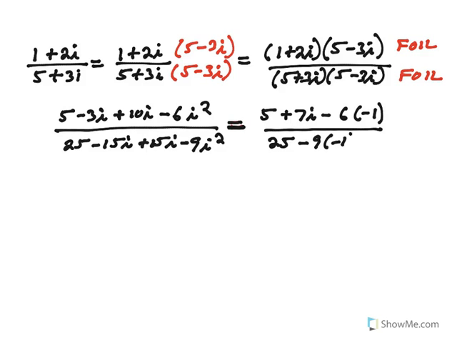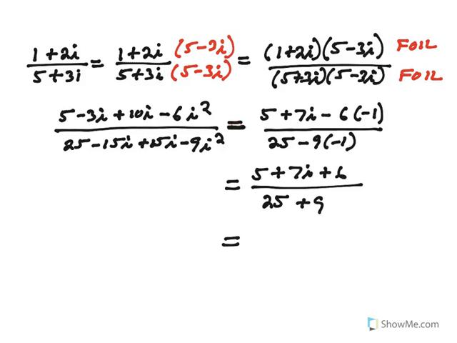And then I'm going to replace the i squared with a minus 1. So then what I should have is 5 plus 7i. This is a positive 6 now. That's a positive 9. 6 and 5 is 11, plus 7i over 34.